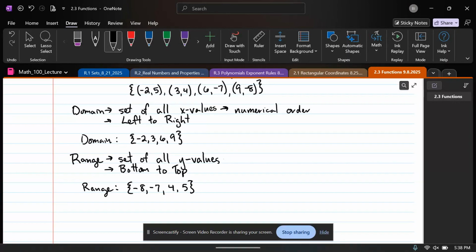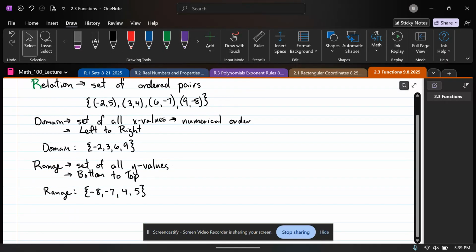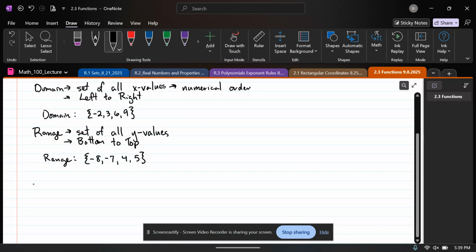Now, that's just a relation. Nothing special about a relation unless it's a relation that can be called a function. Okay? So, special definition of a function. So this is what a function is. The title of the lesson was function. So this has got to be pretty important, right?